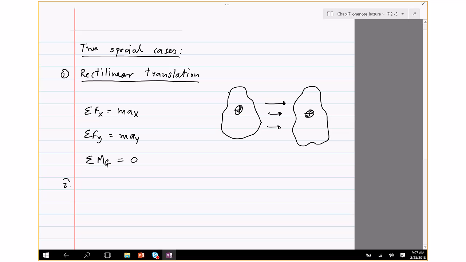The other special case is curvilinear translation.